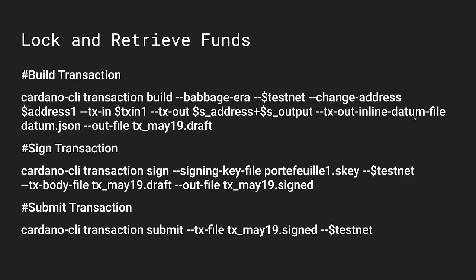For the inline datum in this case, we will be sending a file for the inline datum, and will output a temporary file which we will be signing. So using this file, you sign and then you submit the transaction with the signed file.